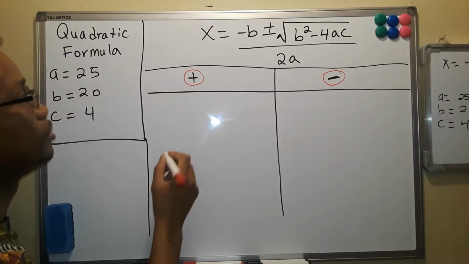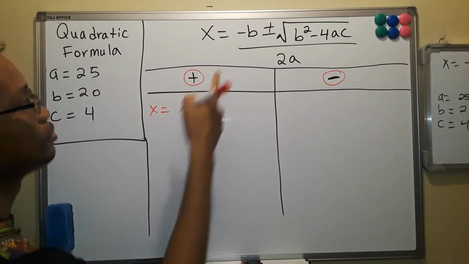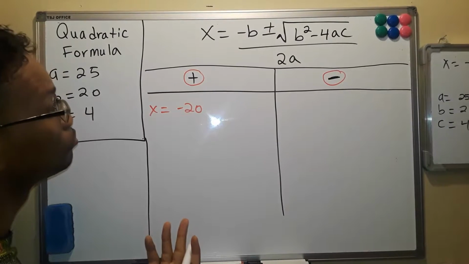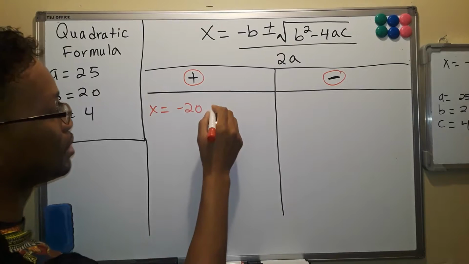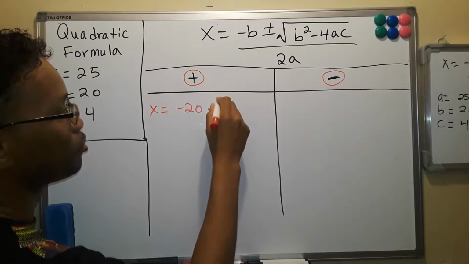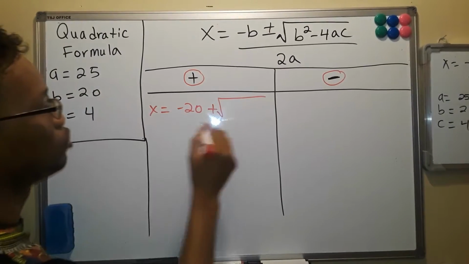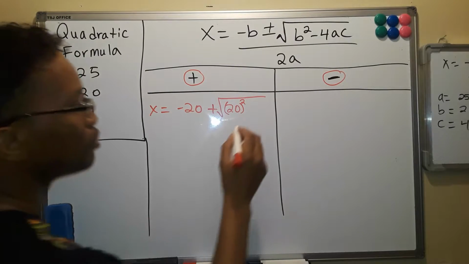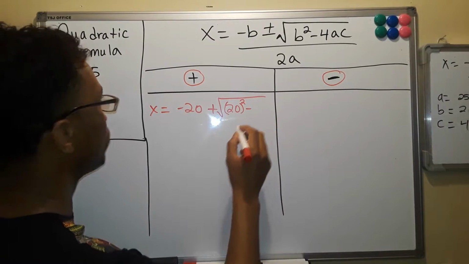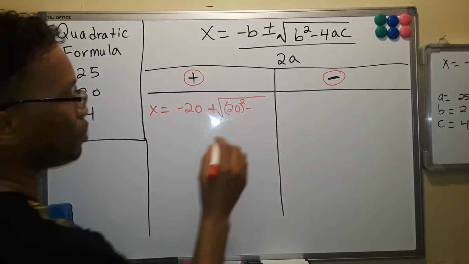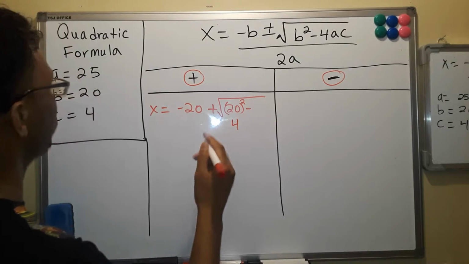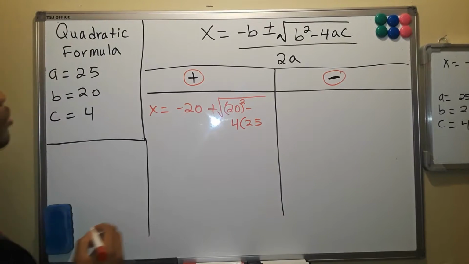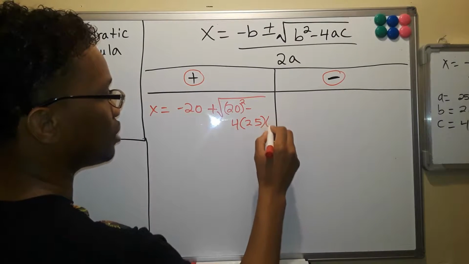So x is equal to negative b, so in this case, negative 20, plus the square root of 20 squared, so 20 is b, minus 4 times 25, and c is 4, times 4.